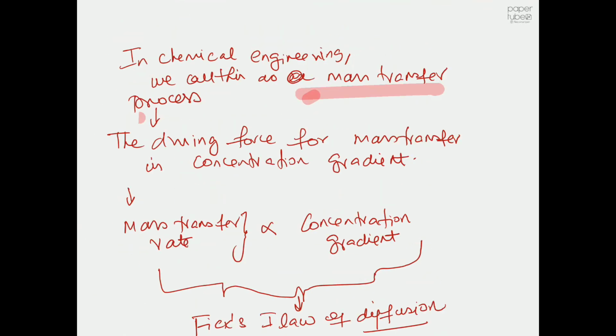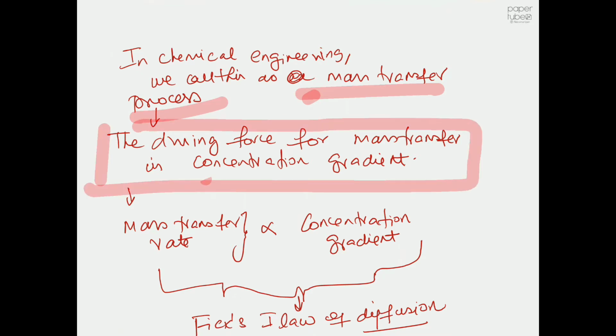In chemical engineering we call this mass transfer, because something is driven by concentration gradient. Just to remember, this is some physics you should remember: the driving force for mass transfer is just the concentration gradient. And how fast? I said it happens naturally, but if you want you can speed up the movement of solute molecules from your solution side to the adsorbent side.